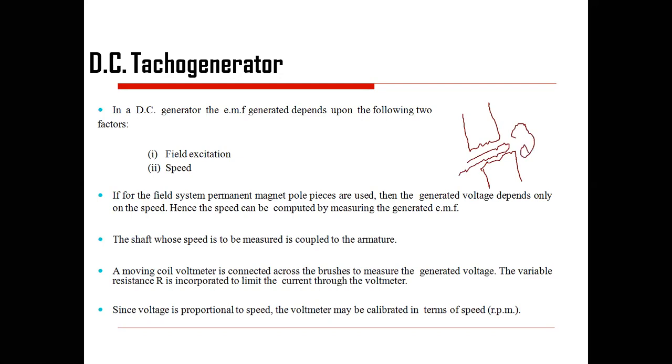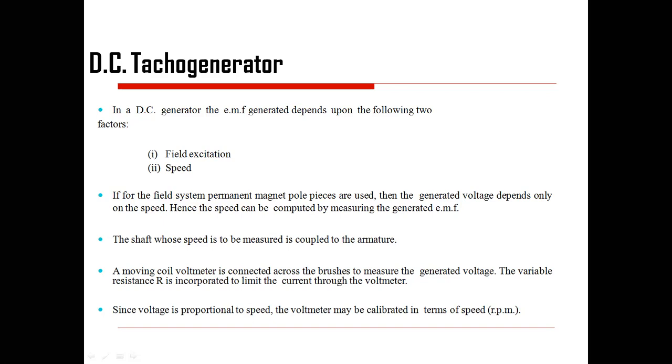Here is the permanent magnet, and you can measure the output of the armature, depending upon the variation in the speed, that I will show you. Hence, the speed can be computed by measuring the generated EMF due to the rotation of the shaft or that particular armature. The shaft whose speed is to be measured is coupled with the armature.